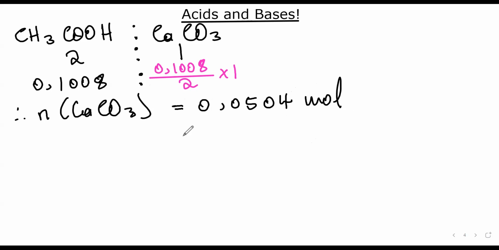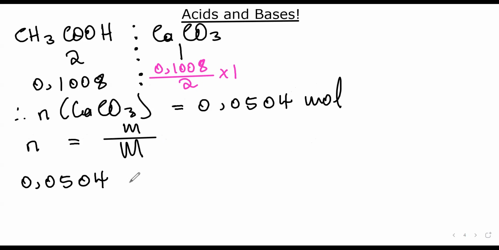So now you know the moles, then you just need to find the mass. So you know that the moles are defined as the mass divided by the molar mass. And what is the molar mass of calcium carbonate?